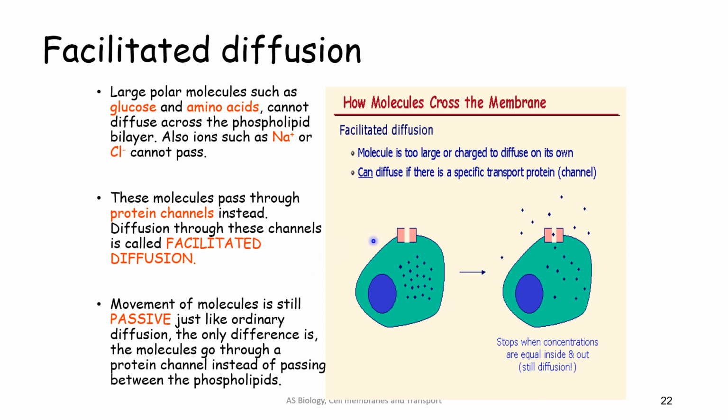The movement of these molecules is still passive, just like regular diffusion. The only difference is the molecules have to go through that protein channel instead of passing between those phospholipids. So they're using a protein channel that is embedded in the cell membrane to get into or out of that cell. Okay?